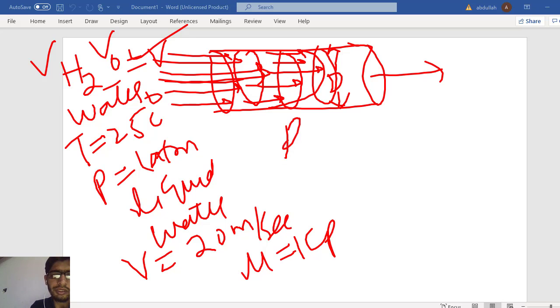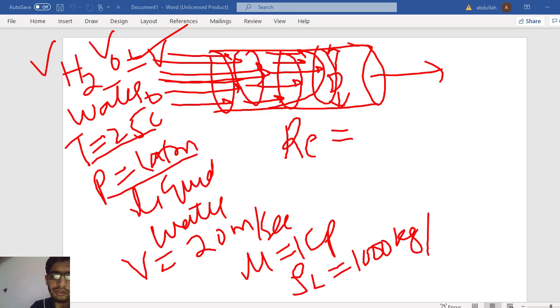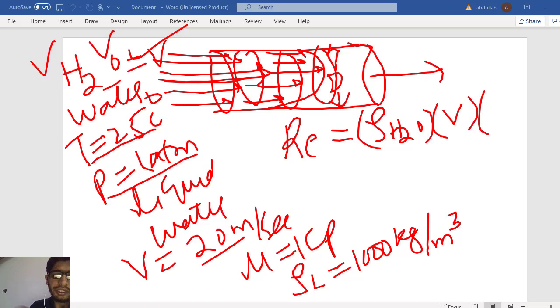So the Reynolds number will be equal to the density of the water. Suppose at 25 degrees C and 1 atm pressure, the density of liquid water is 1000 kilograms per cubic meter. So the Reynolds number will be the density of the water multiplied by the velocity of the water, which is 20, and by the diameter of the pipe.